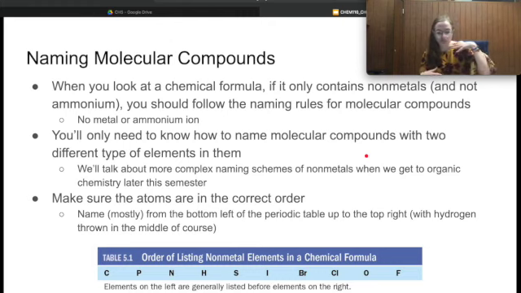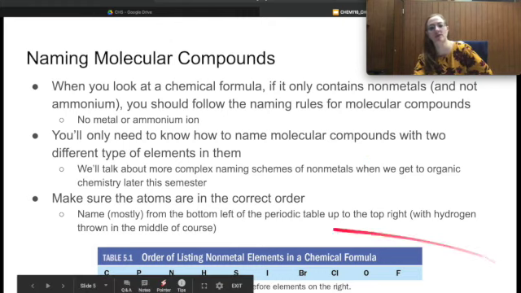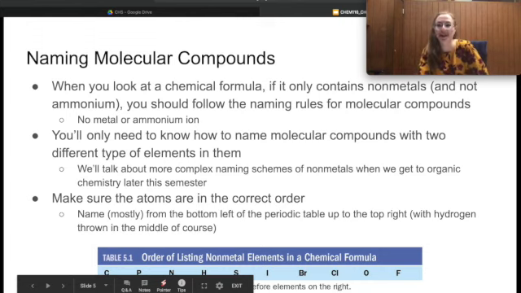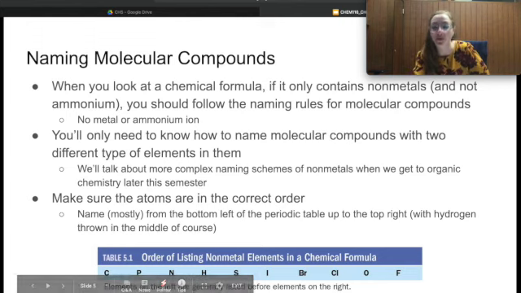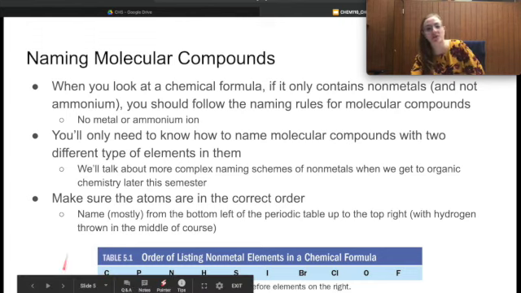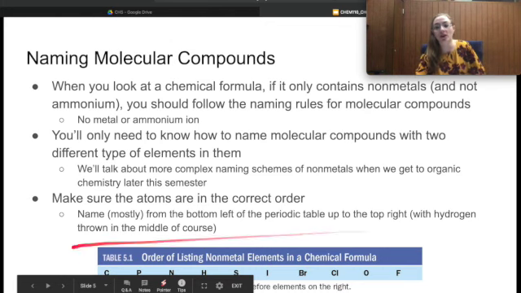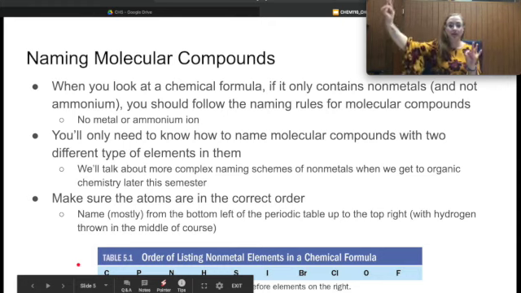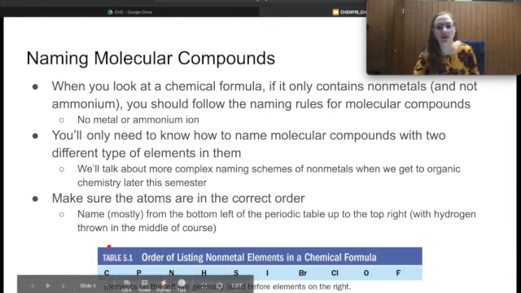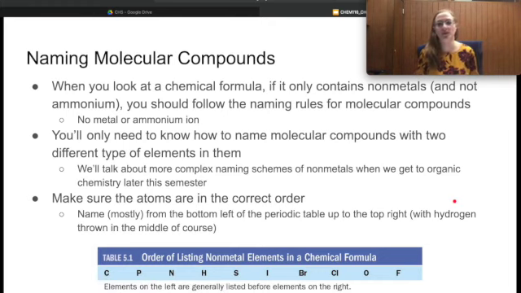But you need to know that when you're listing your nonmetals, when you're naming a molecular compound or writing its chemical formula, your atoms need to go in this order. So mostly it's that bottom left to the upper right-hand corner, except for our favorite, hydrogen, which is out of order, thrown in the middle somewhere. So as expected, hydrogen's doing something different, but other than that, everything should be named in this order for the most part.